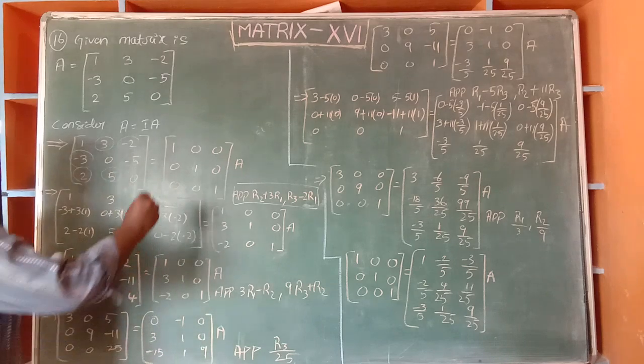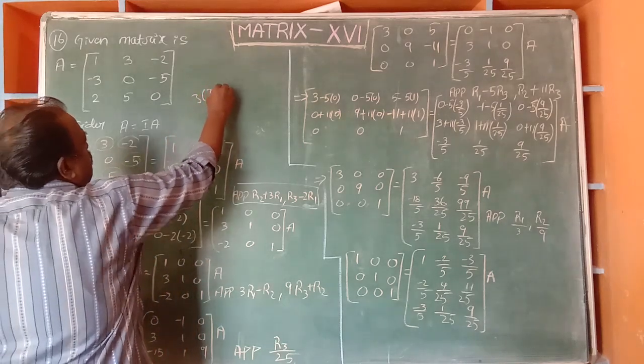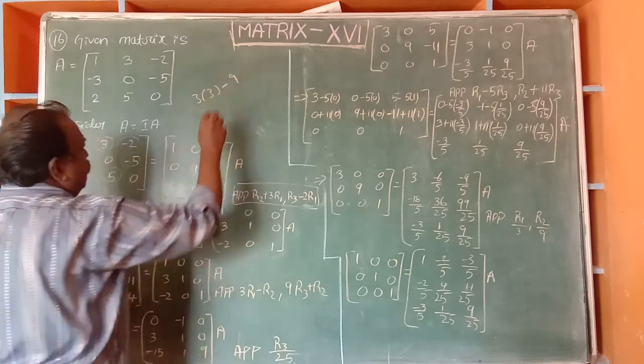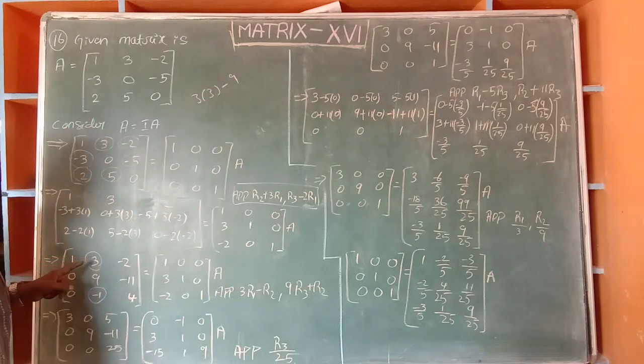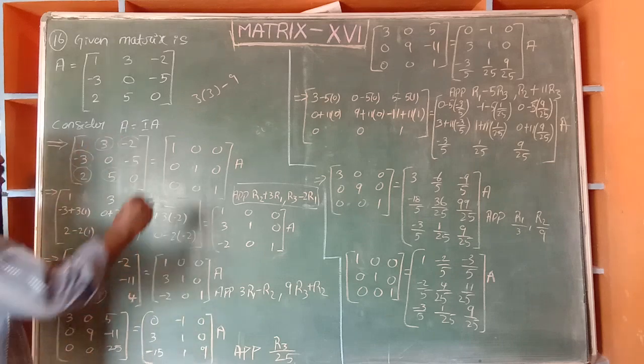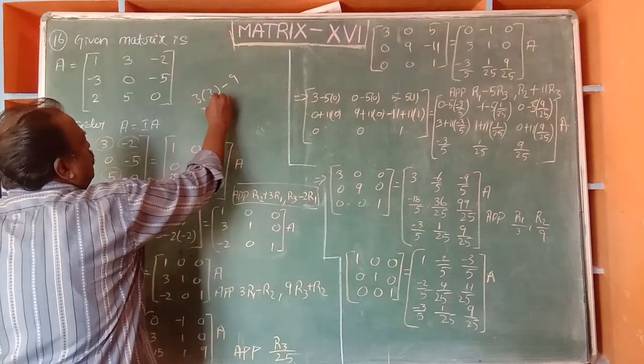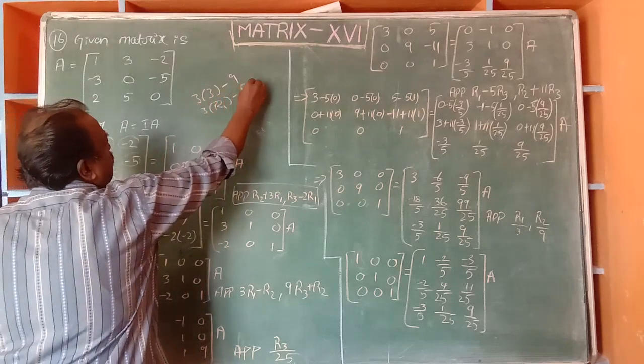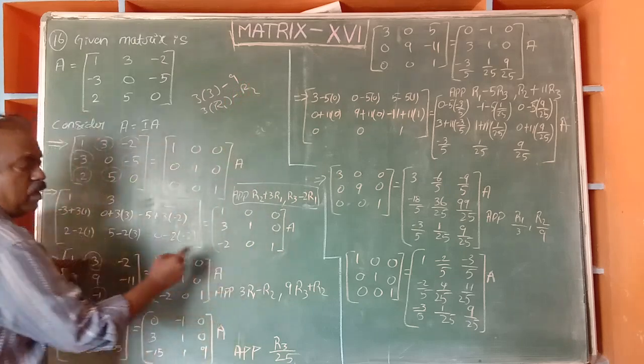You see, it is 3 into 3, minus 9. Will you agree? In order to get 0 here, we multiply this 3 by 3, minus 9. Okay now, this 3 means 3 into R1 minus R2. That is what we wrote here.